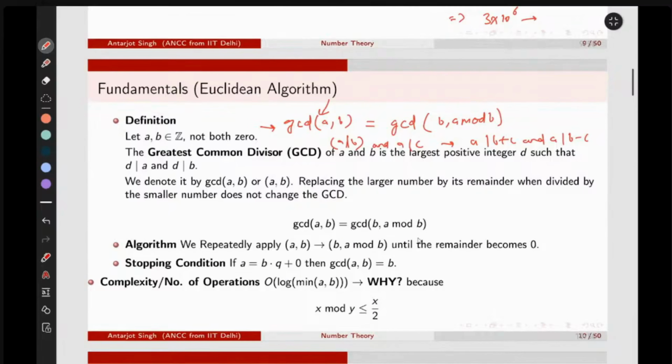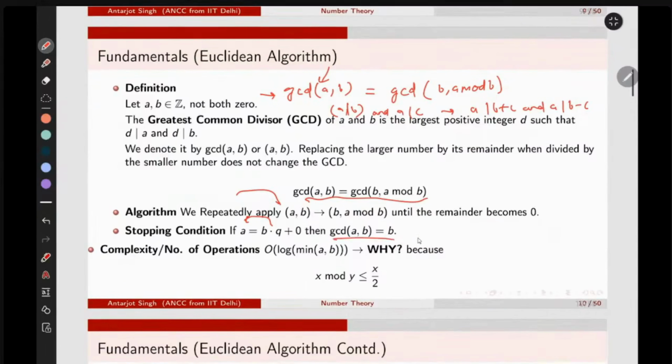So basically, if we do this every time, we are going to get the GCD of our numbers A and B. How are we going to do this? We need to have some stopping condition. The stopping condition is when the remainder is 0. Then we know that B divides A. This means that B divides A, and that must be the largest number.